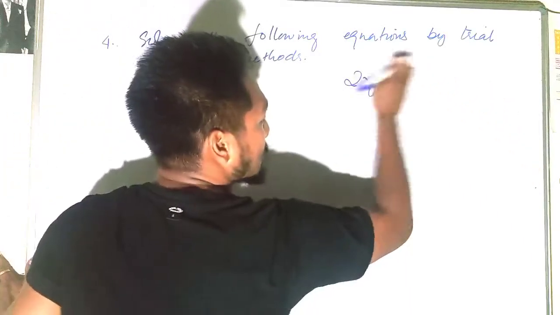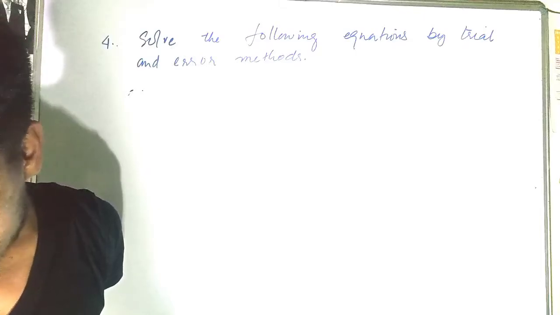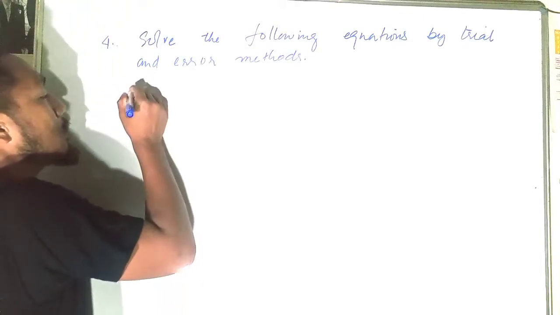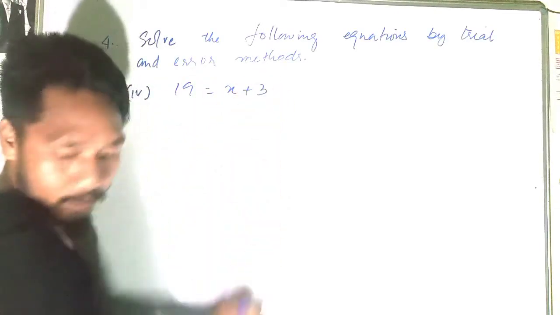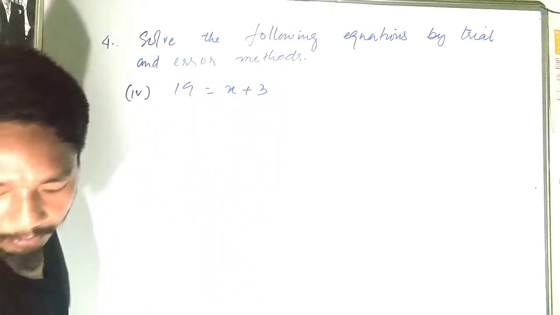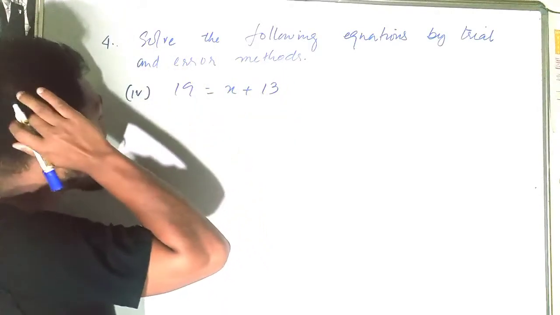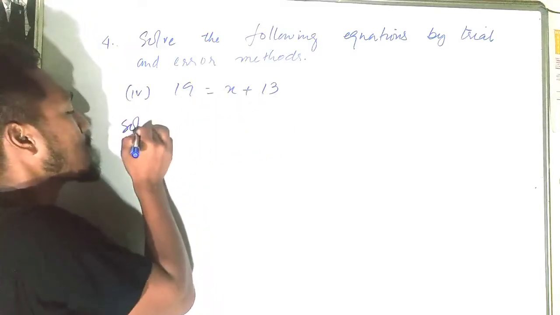Next we do one more question. Let's do question number 4. Here you see 19 is equal to x plus 13. Nothing much to do. Here you see the value which we don't know is on the right hand side, so you better start from the right hand side only.